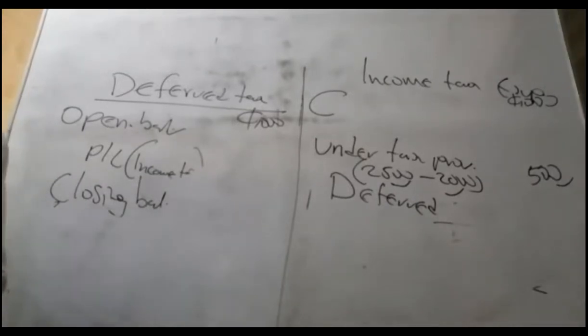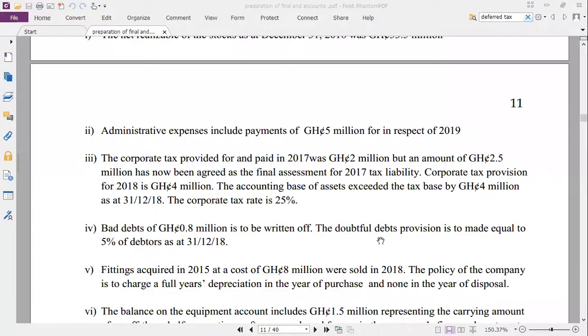Now let's continue the reading. It says corporate tax provision for 2018, and we are reporting 2018. That's the current year tax provision, the tax provided for the current year. They are saying the corporate tax provision for 2018 is 4 million.